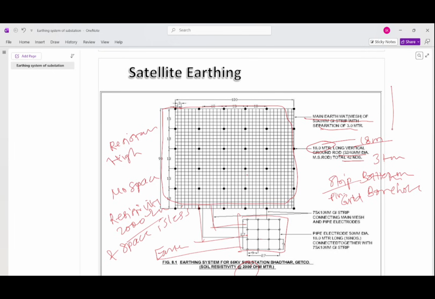So you can have an 18-meter deep borehole, put the earth electrode of 3 meters, and this is connected to the mesh through the strip, and backfill is there.